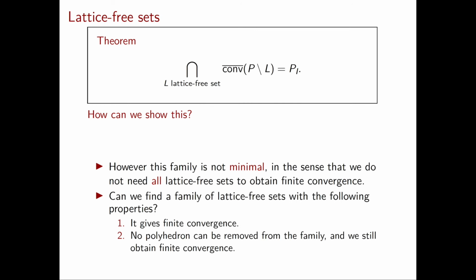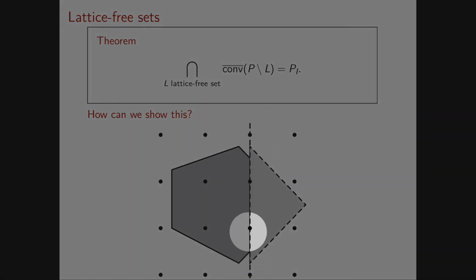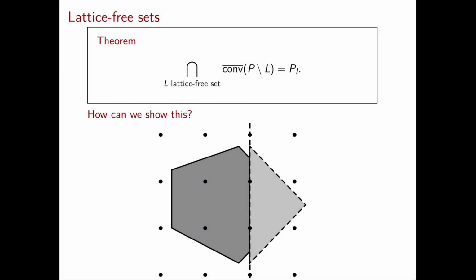Just to give you an idea, let me go back for a second to the previous picture. Now here, essentially what we want to obtain is a strong valid inequality for the mixed integer hull, which is this vertical inequality. And in order to do so, we want to use lattice-free sets.